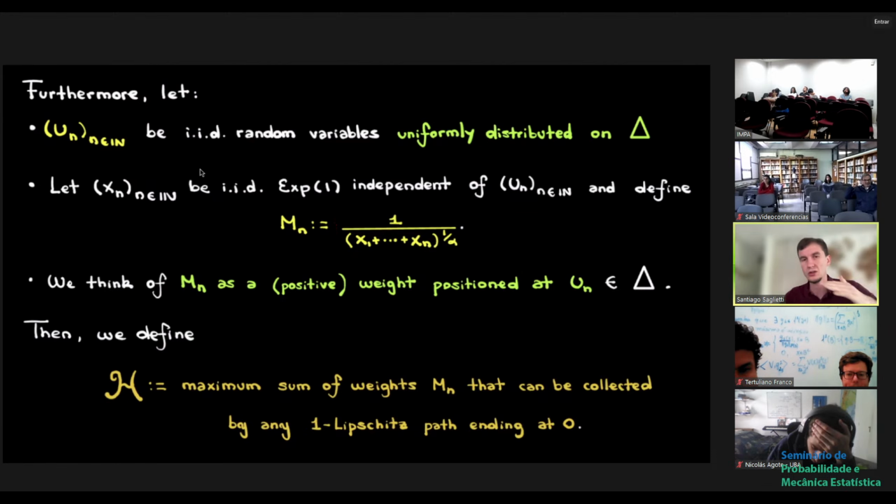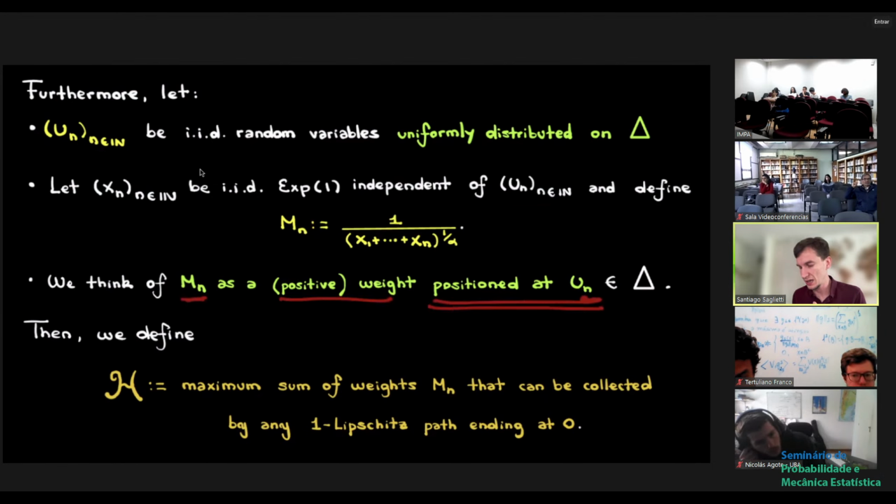It's 1 over the sum of the first n random variables X_n, to the power of 1 over alpha. And this is going to be the weight which comes with the point sitting at the position U_n. So we're going to think of M_n as a positive weight positioned at the position U_n inside the triangle.